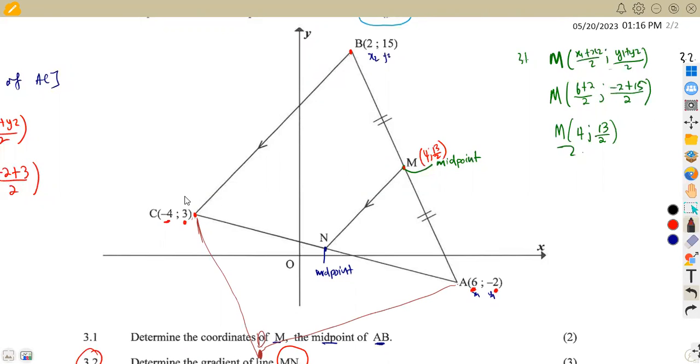So if these diagonals bisect each other, it means that the midpoint of AC, which we calculated before, is N. This N, the midpoint of AC, is the same midpoint from B up to the point D. It's only that my diagram is not accurately drawn, but the point from B to D, which is referred to as XY, is going to pass through the point N, and the point N becomes our common midpoint.